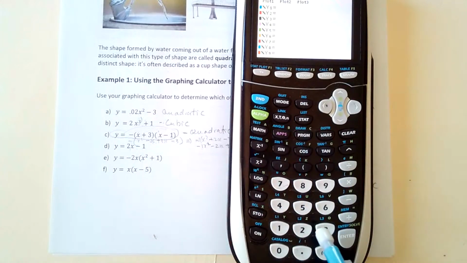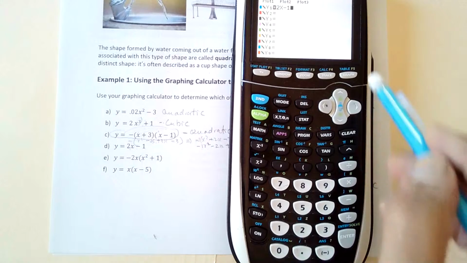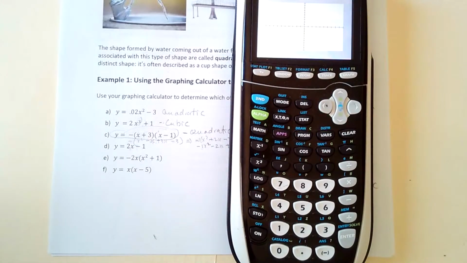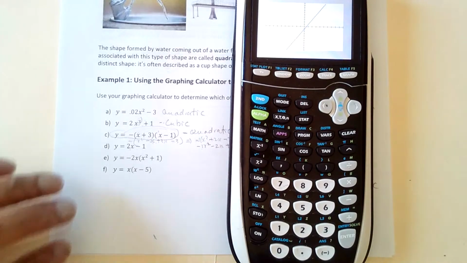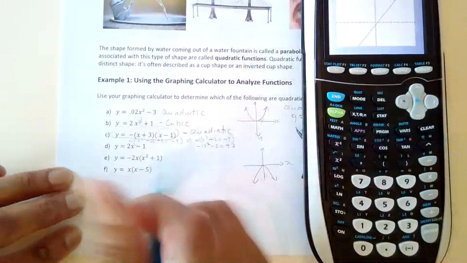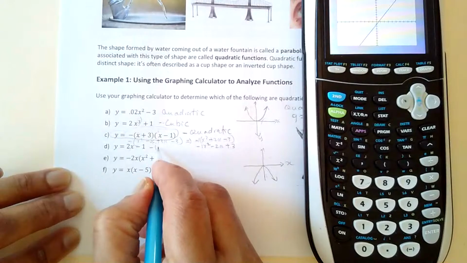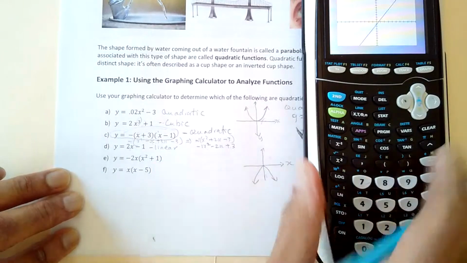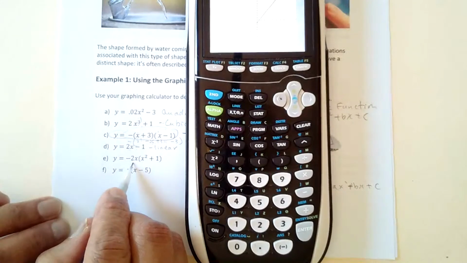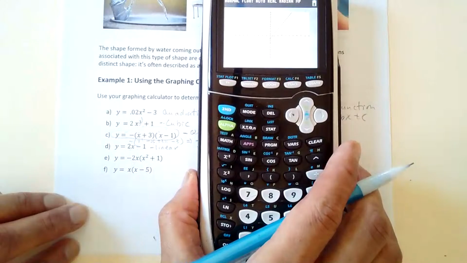I have 2x minus 1 and graph. So that's a linear function. It's a straight line. So it's a linear.